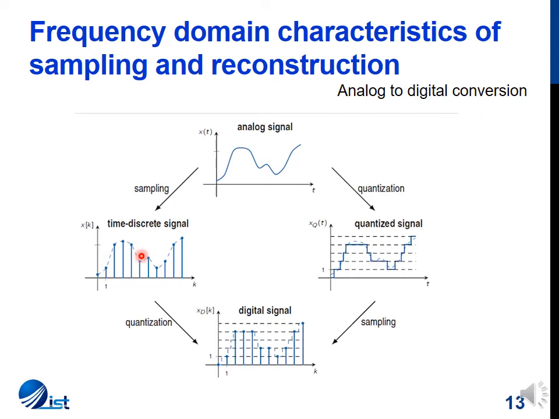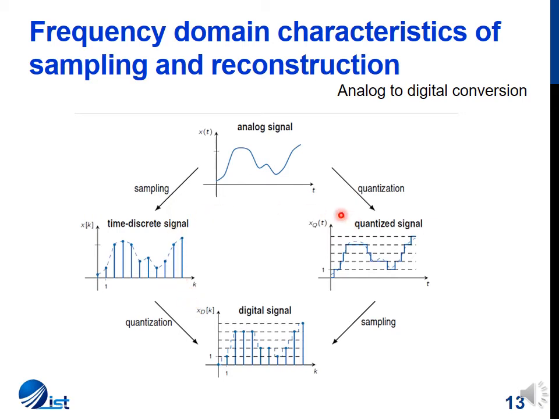What happens during sampling is that the values of the signal are obtained at discrete intervals of time, but the values are continuous and they can take any amplitude. After sampling, the values are quantized, that is, they are assigned a certain set of amplitudes and we obtain a digital signal.